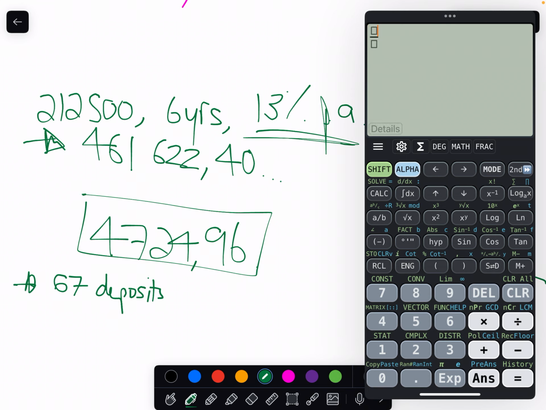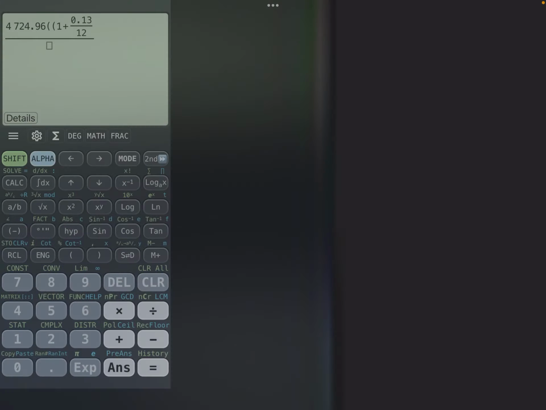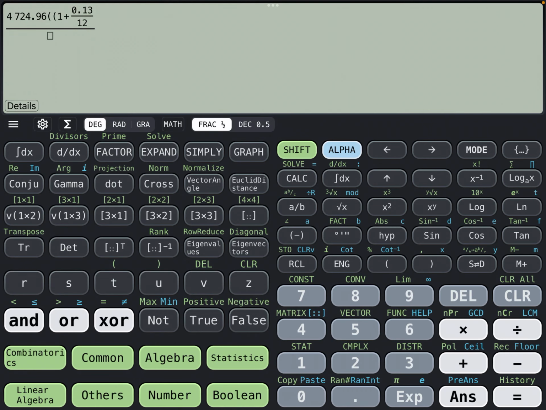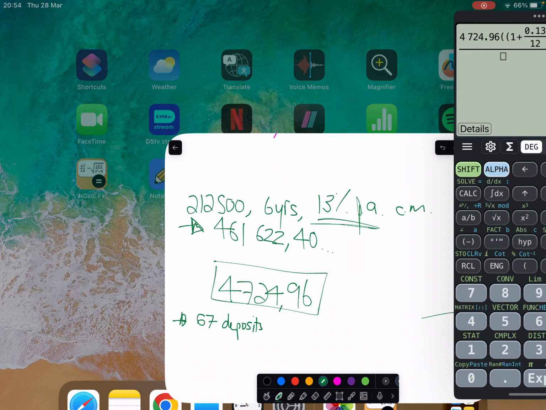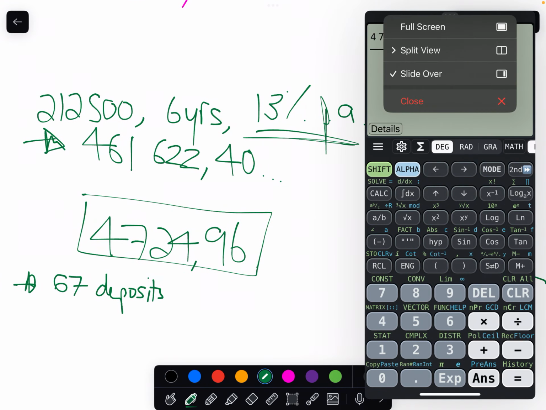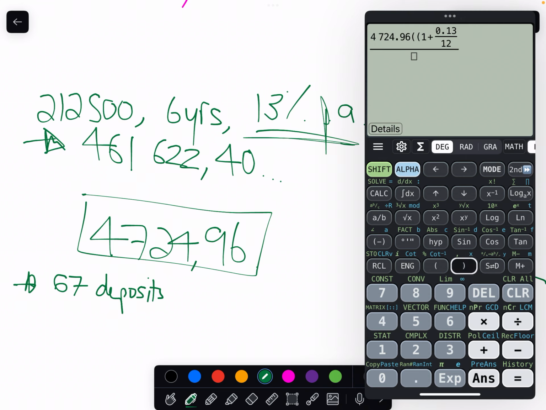That will be a geometric series where the very last deposit won't grow at all, so that will be our A. Then the common ratio will be this, and there are 67 terms in the series.